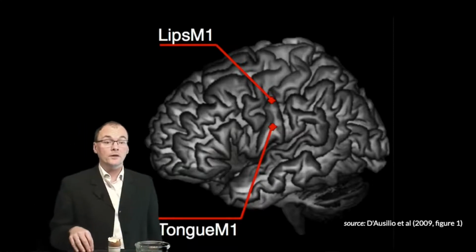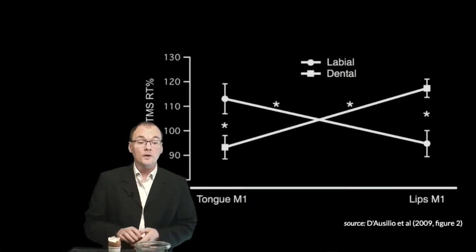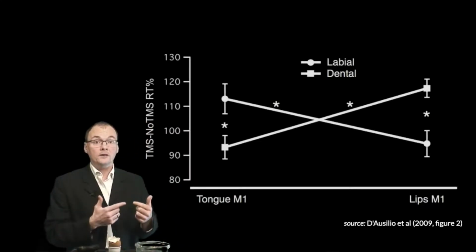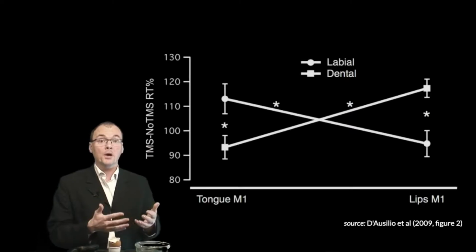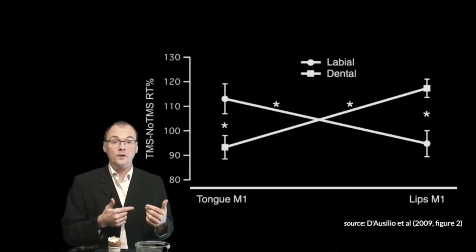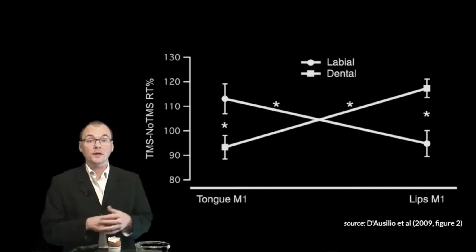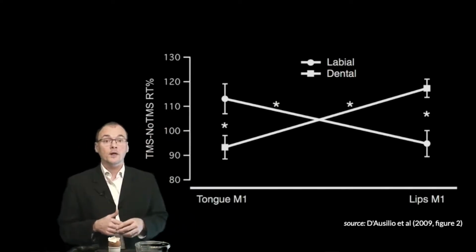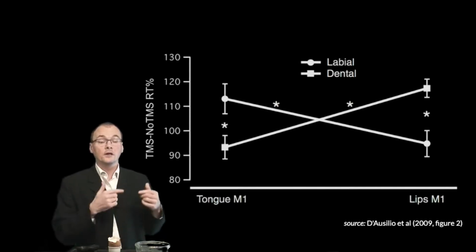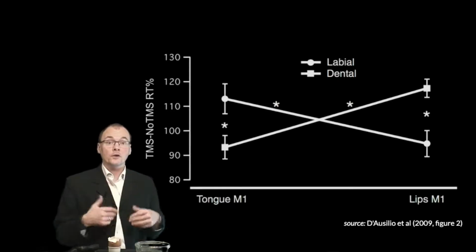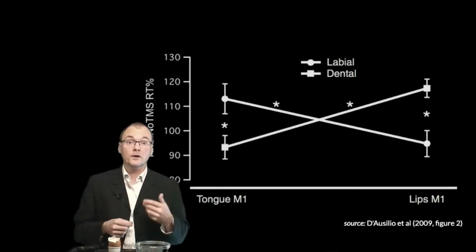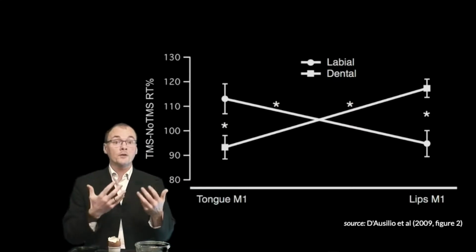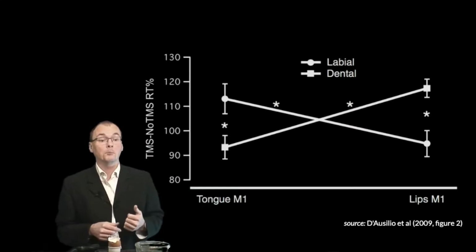What Fadiga and colleagues did, therefore, was to present their subjects with either a phoneme like b or p, which involves the use of the lips, or a phoneme like d or t, which involves use of the tongue. If you pronounce those phonemes yourself, d, t, you'll feel your tongue being involved in a way it's not involved when you're saying p and b.